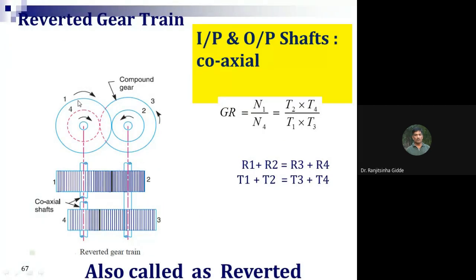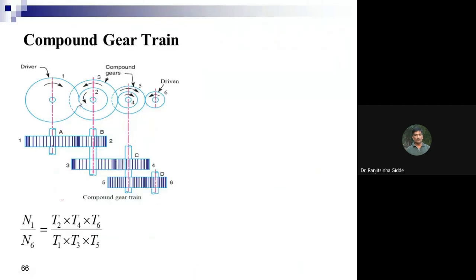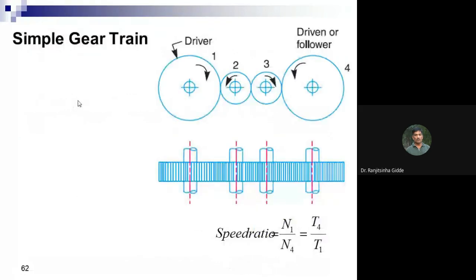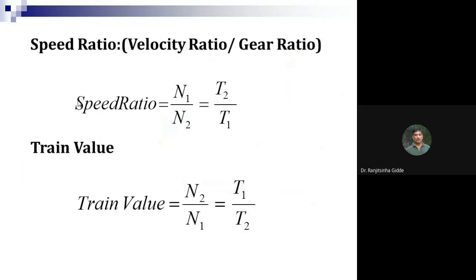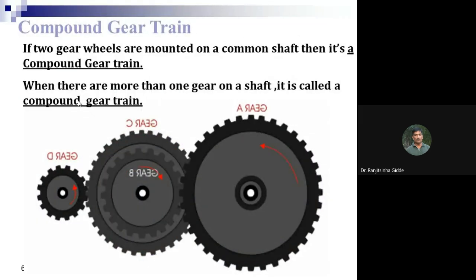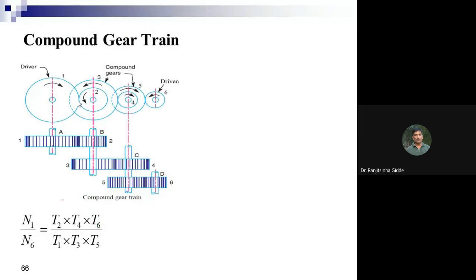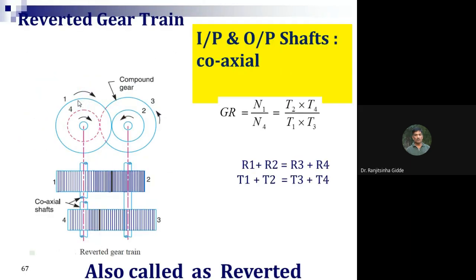So the third type is the reverted gear train. So we have seen this simple gear train, then the compound gear train. This is the line diagram. And the third one is a reverted gear train. So in this case, this top view is of more importance.